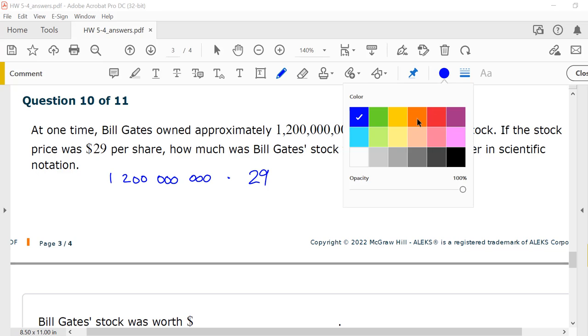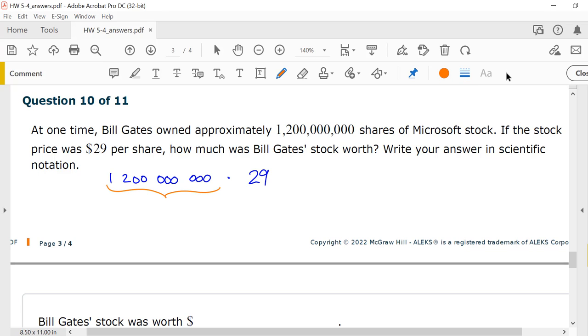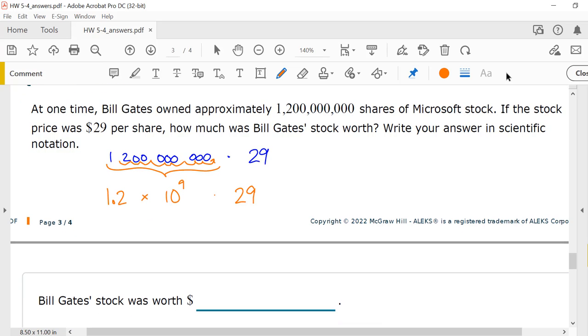Okay, 1.2 billion is 1.2 times 10 to the, 1, 2, 3, 4, 5, 6, 7, 8, 9. So times 10 to the 9. I want to multiply that by 29. Let's do the numbers first. What is 1.2 times 29? And then I also have times 10 to the 9th.